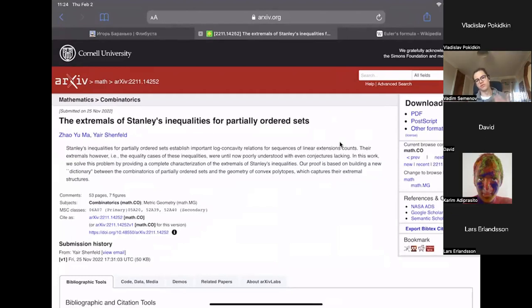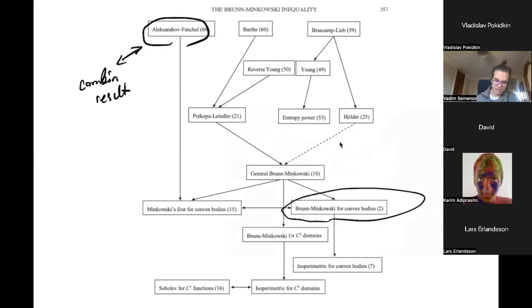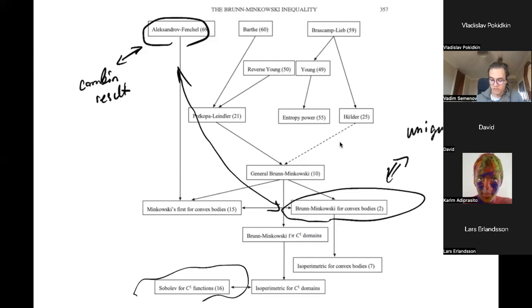From Aleksandrov you can get these combinatorial results, but you can also prove these results by themselves and get Aleksandrov. All of this relates to Brunn-Minkowski, and it relates, for example, to Sobolev, which is obviously very important. It relates to isoperimetric inequalities. But the main thing I wanted to mention is that proving the Brunn-Minkowski inequality is equivalent to showing uniqueness of the Minkowski problem.